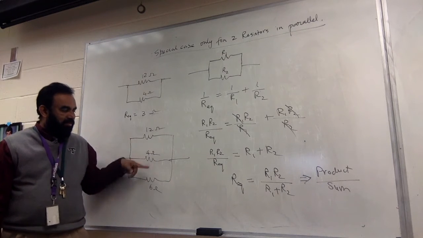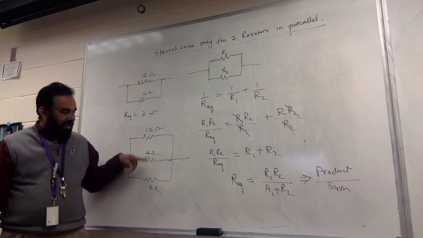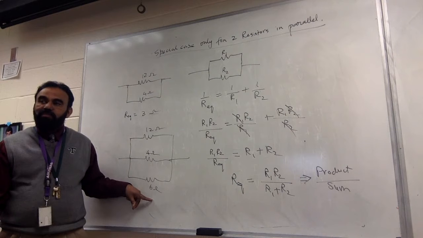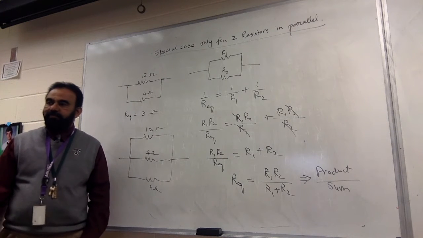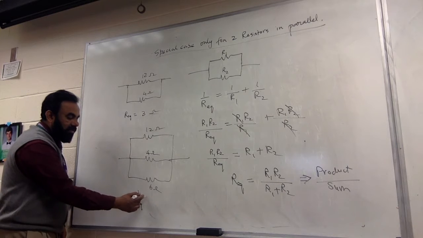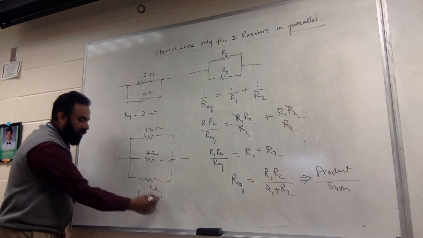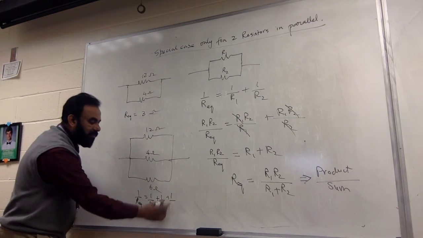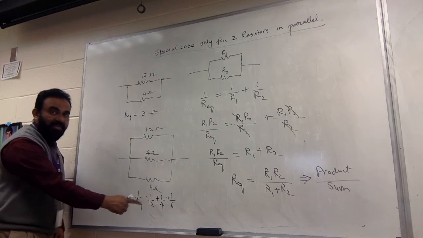So product over sum of these two things will give you 3. And then that 3 and that 6 also are in parallel. So 3 times 6 over 3 plus 6, the answer is 2. Or you can do 1 over R equivalent is equal to 1 over 12 plus 1 over 4 plus 1 over 6, and then you get the answer.